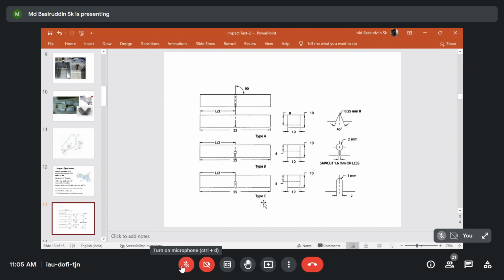Sometimes a material may contain a crack or defect that has a certain tip radius. Considering these situations, the ASTM standard developers thought to fabricate the specimen in this way.